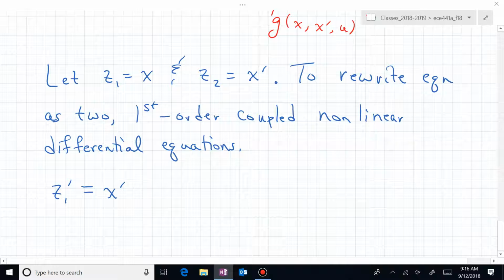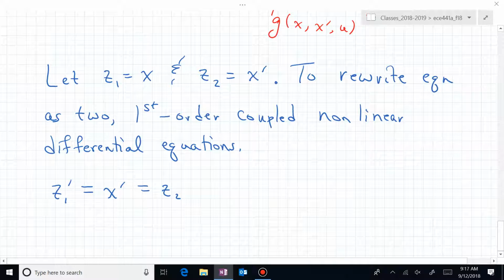And now I want to see, do I have an equation for x prime, or can I rewrite x prime in terms of z1, z2, and u? What is x prime? I defined that to be z2, so now I have z1 prime is equal to z2.